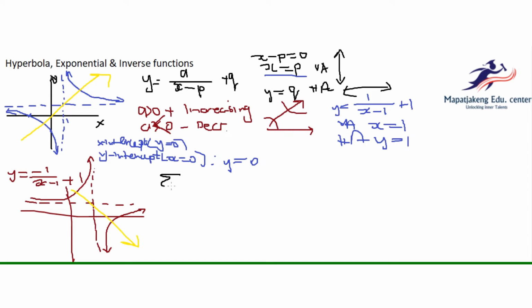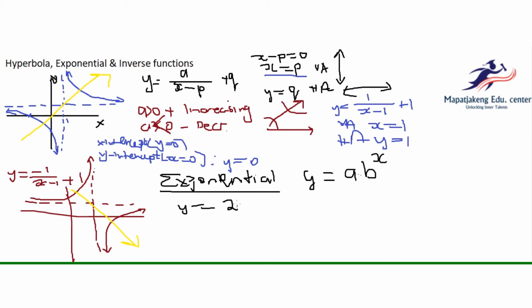Exponential graph. The exponential function or graph has the form y is equals to a times b to the exponent x, where a and b are just numbers. For instance, let's say we have y is equals to 2 to the exponent x, meaning our a is 1 here, times b, which is 2 to the exponent x, as it's written there.